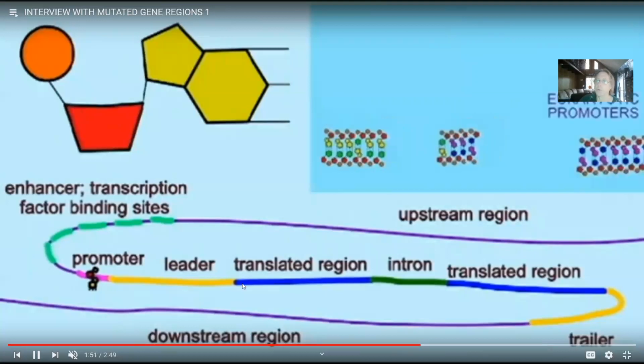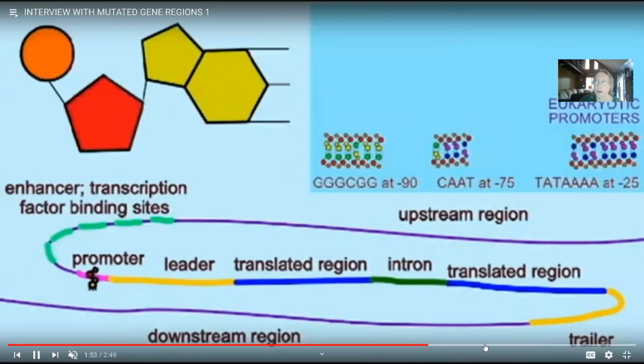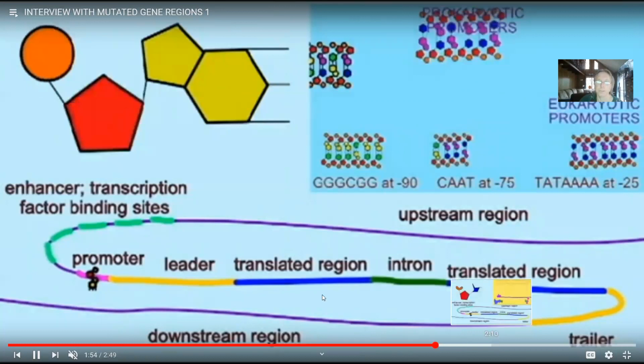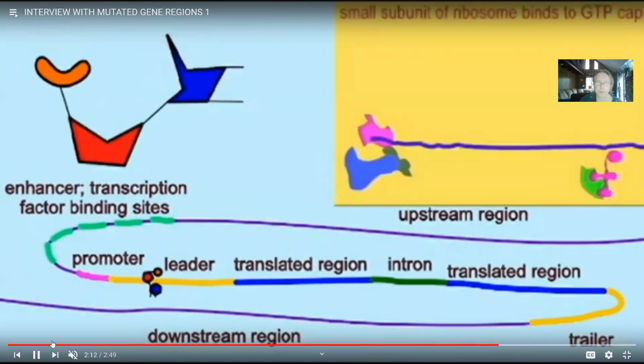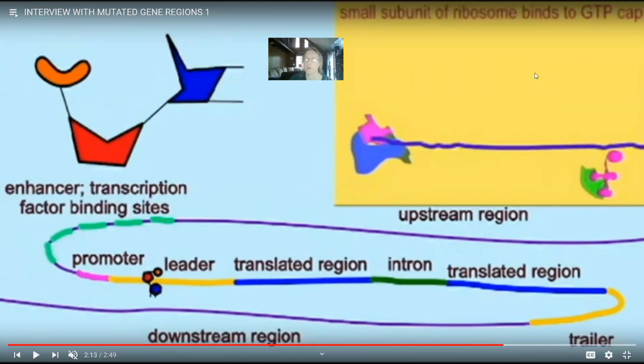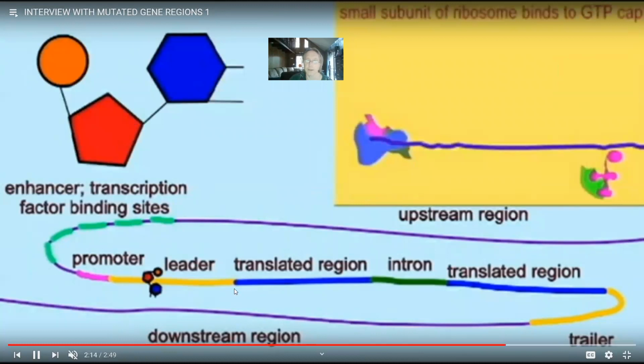In between the promoter and the first start codon, the AUG, where you would start translation, is what's known as the leader. All right, so the small subunit of the ribosome binds to the GTP cap of the mRNA, and it slides along to where it finds the first AUG codon, the start codon.